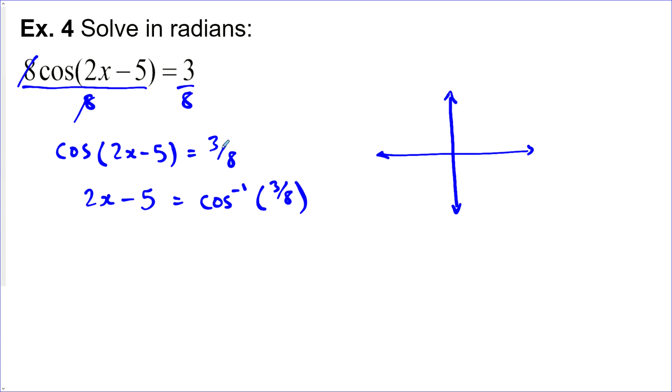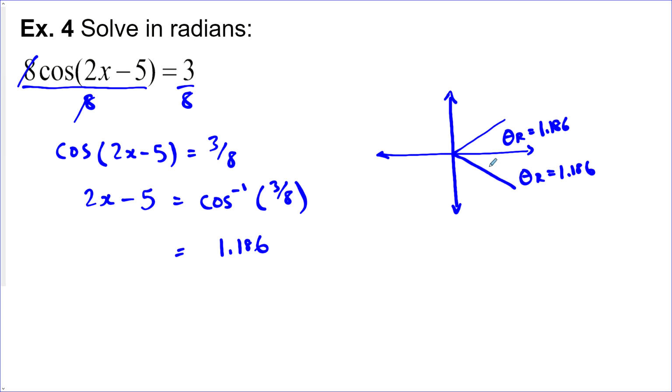If cos's ratio is positive, that means we're in quadrant 1 and quadrant 4. So if I take the cos inverse of 3/8, I get 1.186, or I get a reference angle here of 1.186. Also here, same reference angle.